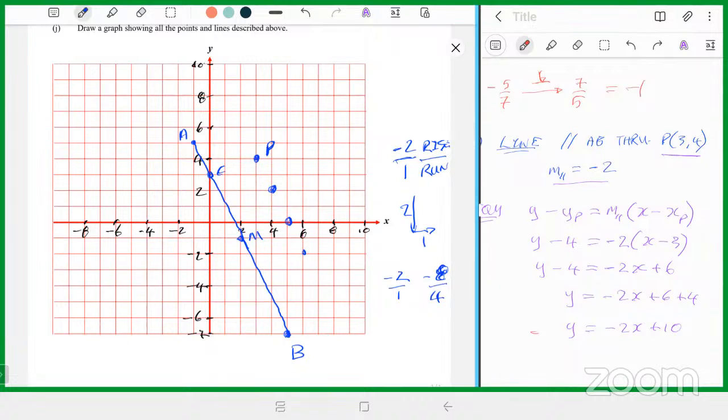Starting here again, I would come down 8, 1, 2, 3, 4, 5, 6, 7, 8, and then run 4. 1, 2, 3, 4. That would put me here. And so I could do that big jump instead and get to that point.